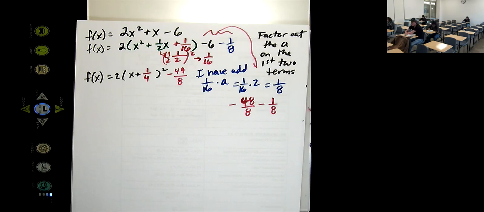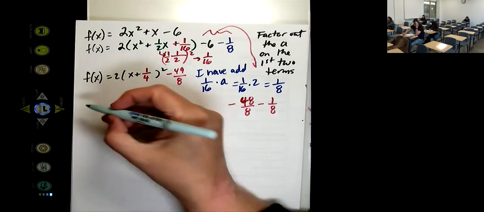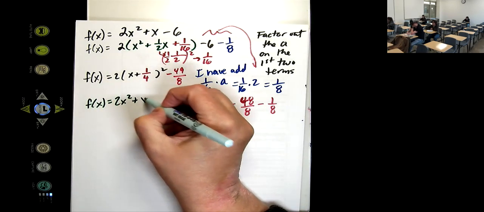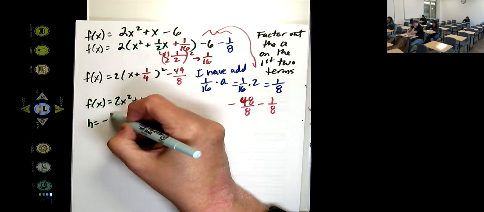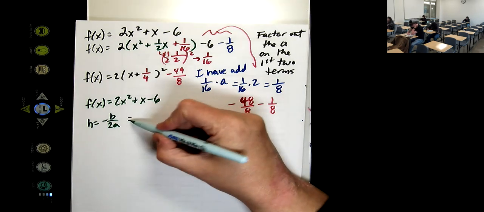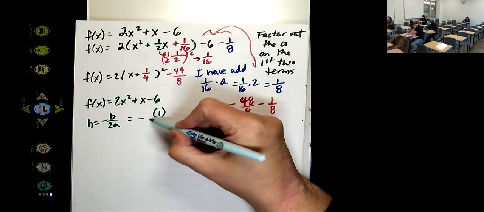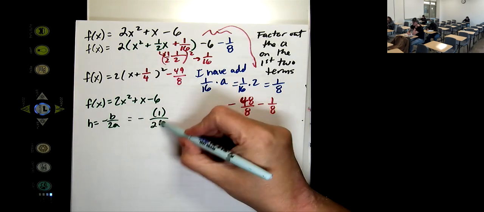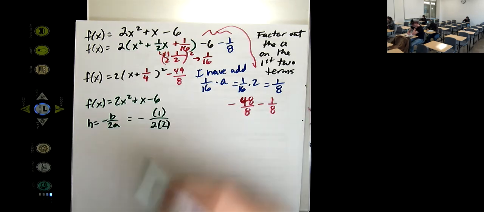That looks hella sketch. Hella sus. But we can check it. We're going to do our h equals negative b over 2a, and I get negative 1/4.